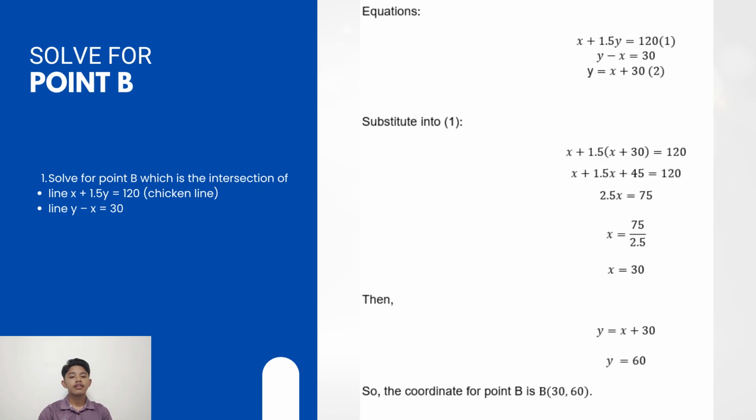And then with the value of x, we substitute it into the second equation, which is y equal to x plus 30, and x equal to 30. So we got 30 plus 30, which is 60. So the value of y is 60. Then we got the coordinate for point B, which is 30 and 60.